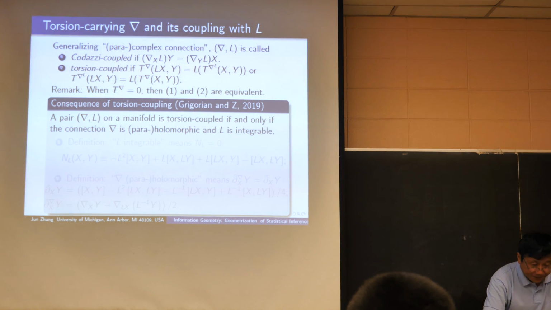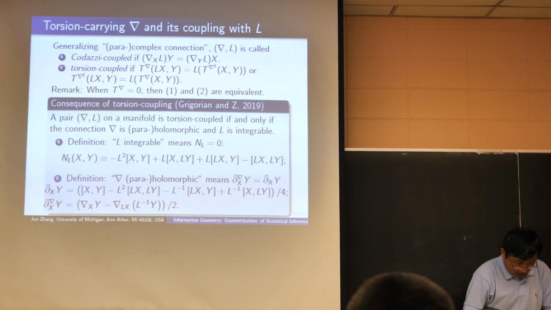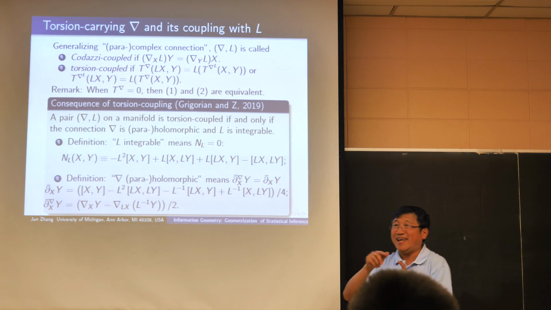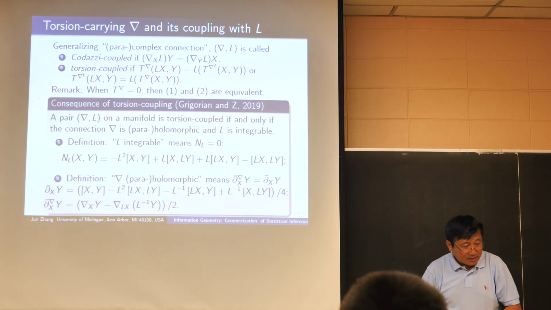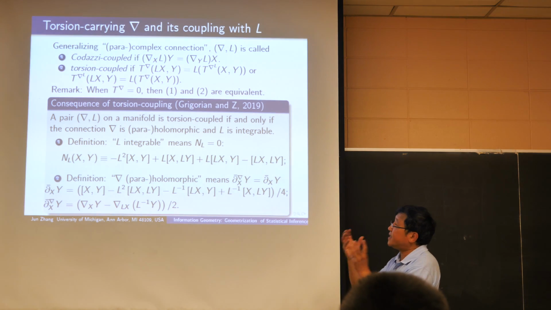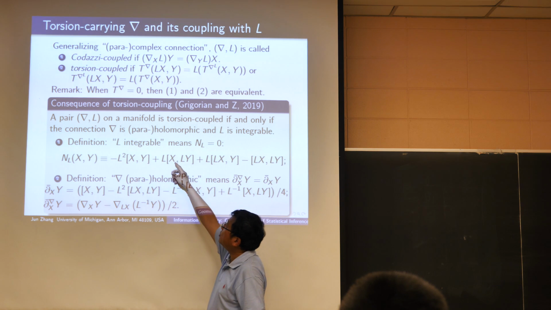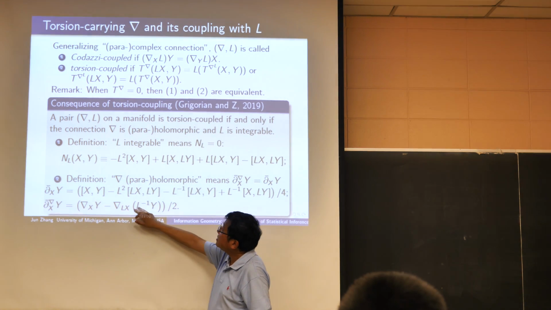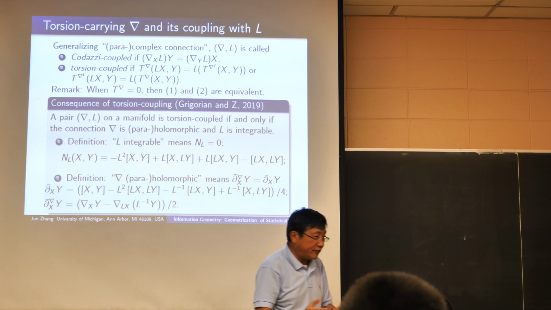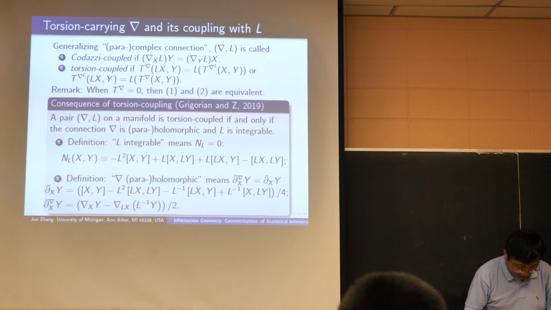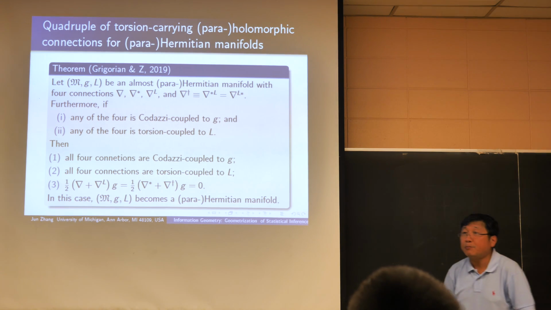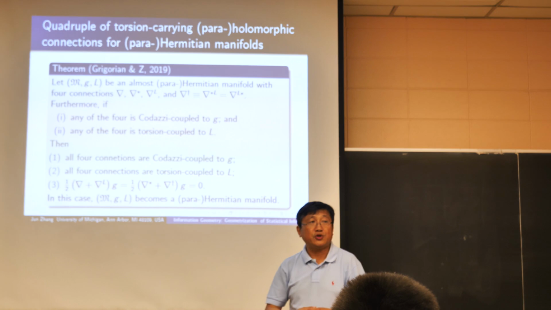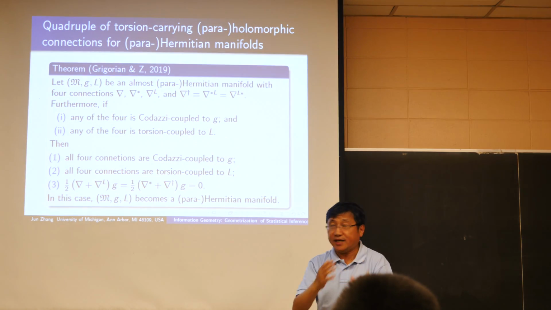If we have a manifold with connections with torsion, we can define some coupling between nabla and this almost complex structure L, so that when this condition is satisfied, L becomes integrable, the Nijenhuis tensor becomes 0, and nabla becomes para-holomorphic with respect to L. In this case, we get a para-Hermitian manifold, which is a little bit weaker than a Kähler or para-Kähler manifold.